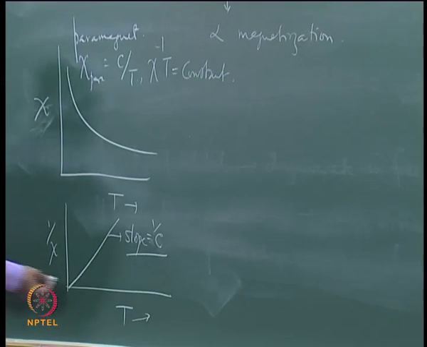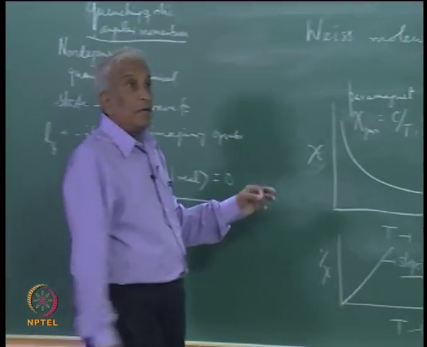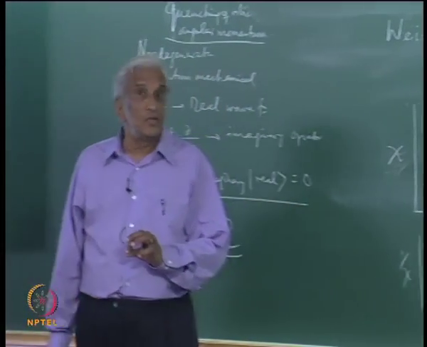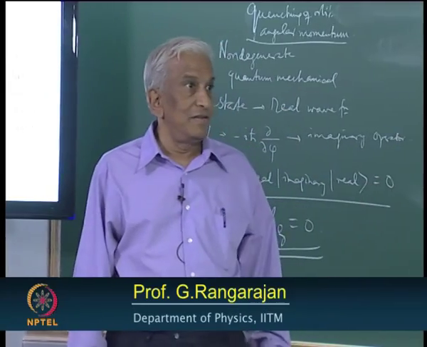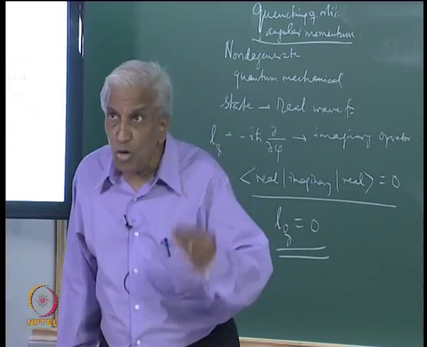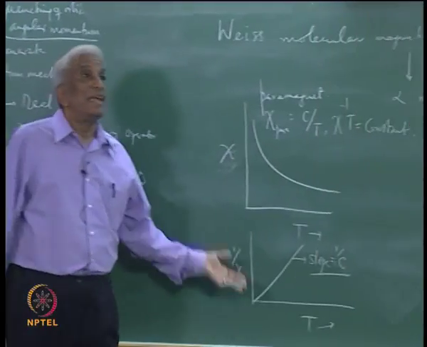This is the behavior in the case of the ideal paramagnet, but this is rarely observed in practice, because there is no material which remains paramagnetic down to the lowest temperatures. At some low enough temperature, there is a ferromagnetic order.